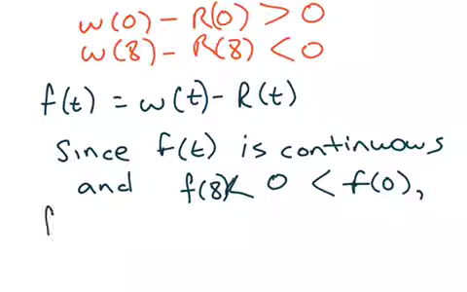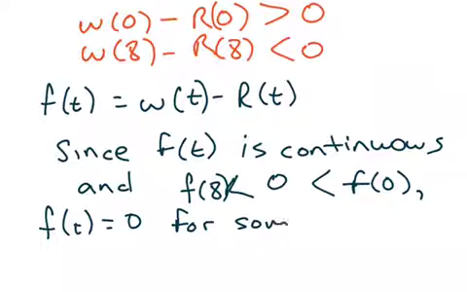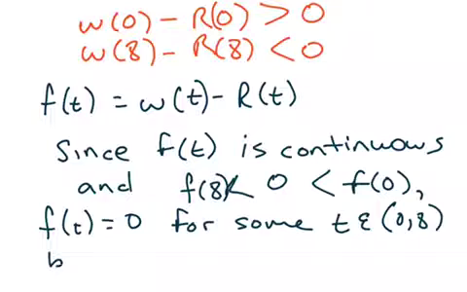f of t equals 0 for some t that is between 0 and 8 by the intermediate value theorem.